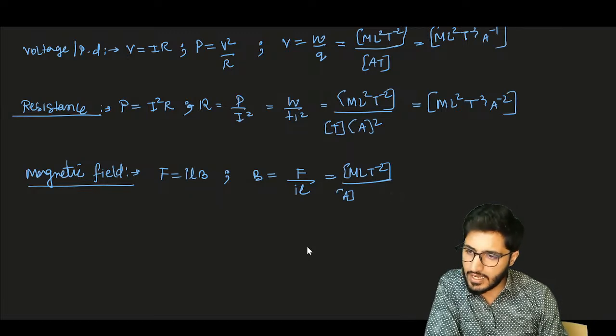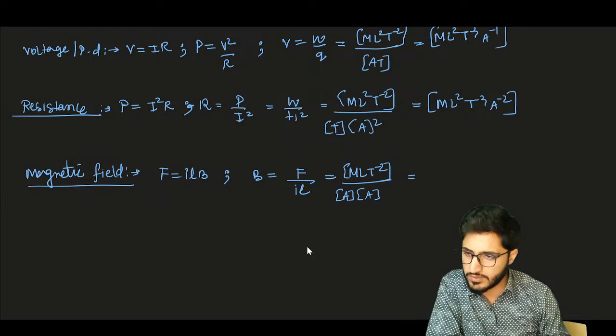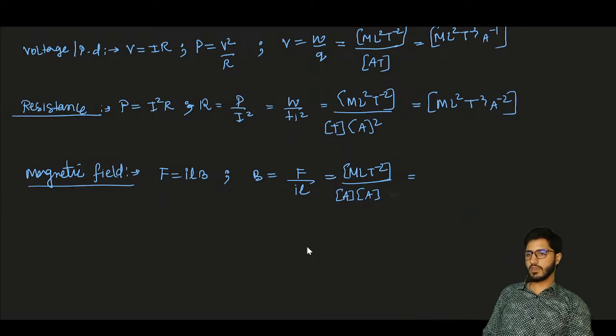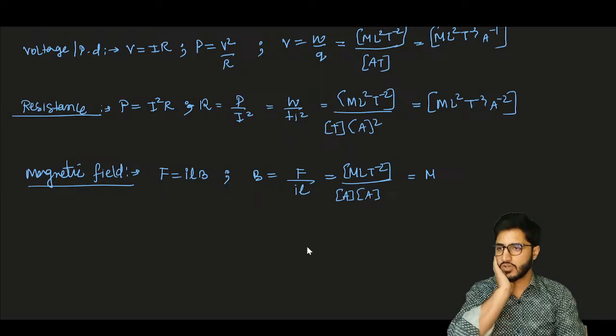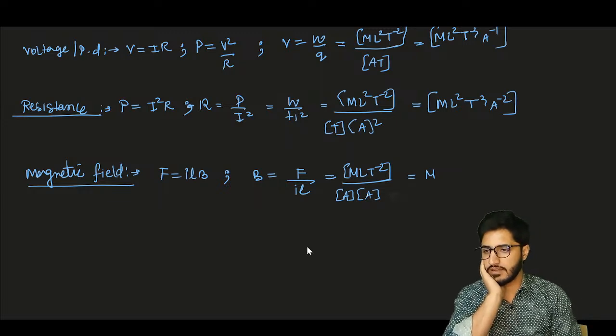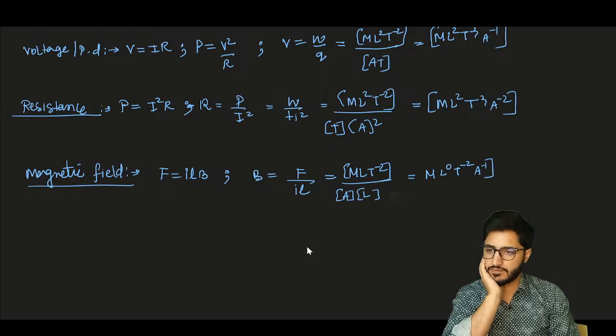Current is A, length is L. So ML^0T^-2A^-1.